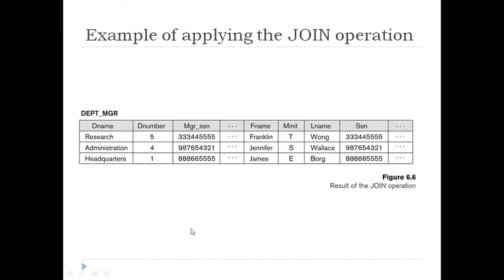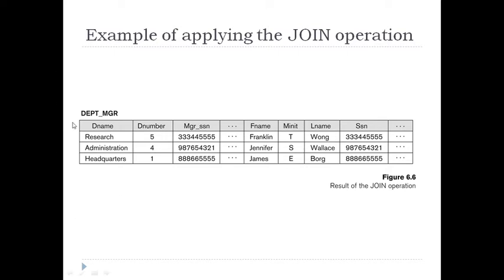Now this is the result of the join operation. Here all the attributes are not shown, just for simplification. Actually it will take the number of attributes which are in the department and the number of attributes in the employee relation, so that many attributes will be in the resultant relation.